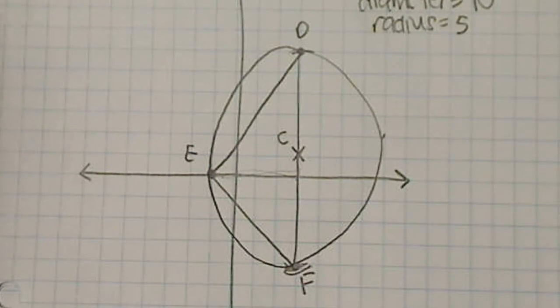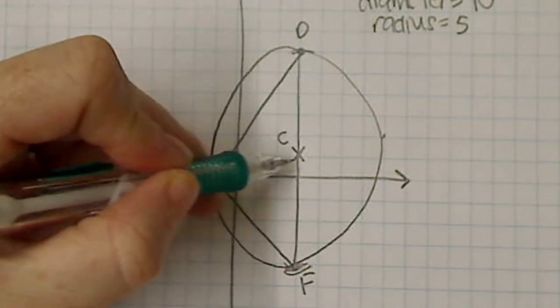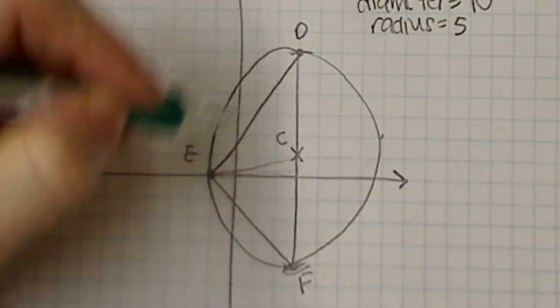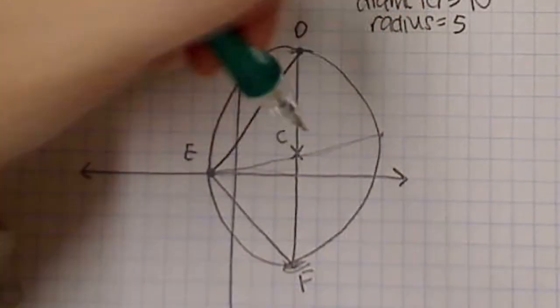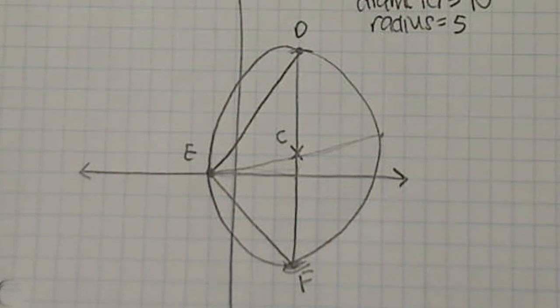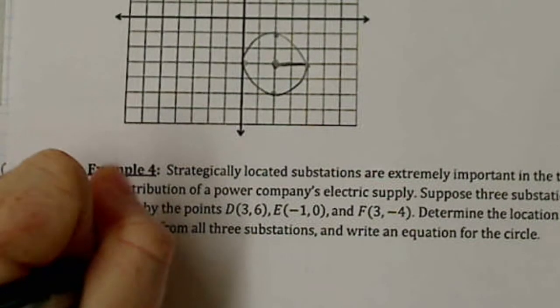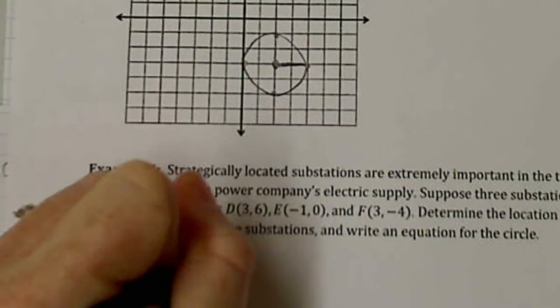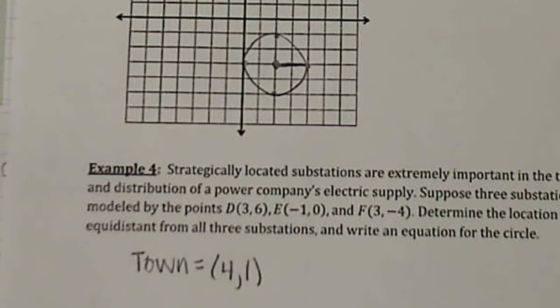Okay? So I'm asked, what is the town? This center point is the town. It's equidistant from all of my little substations. So the town is the center, which is the point (4, 1).